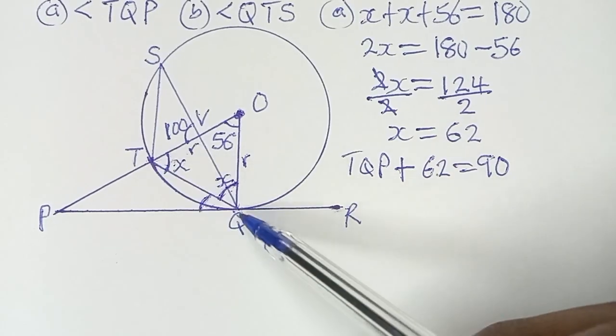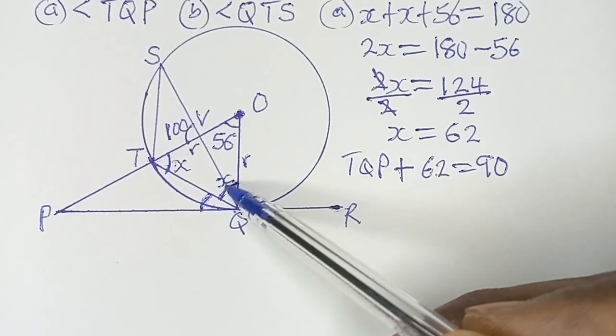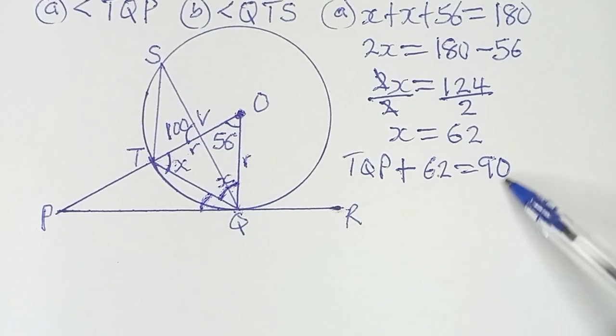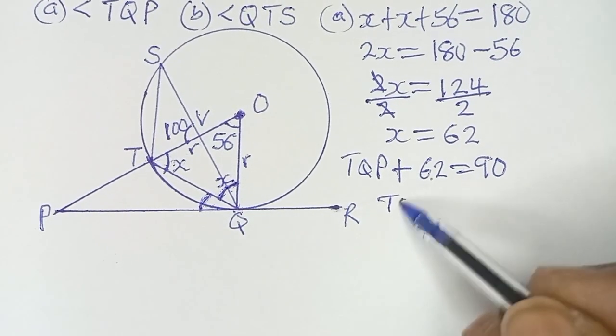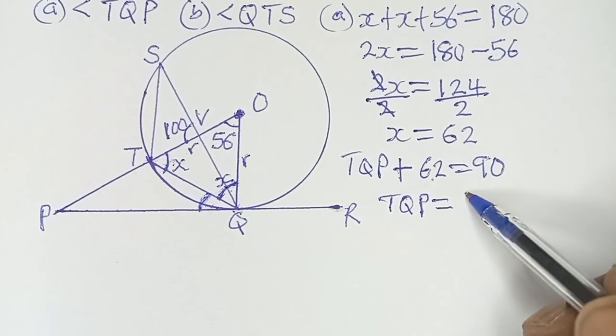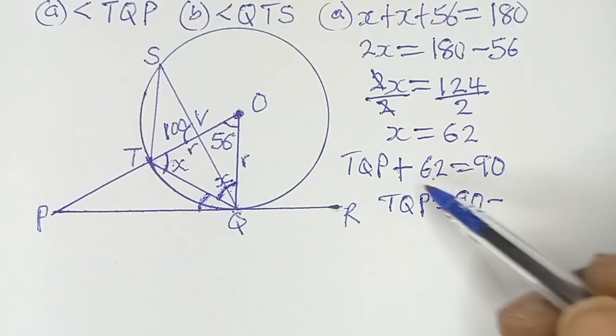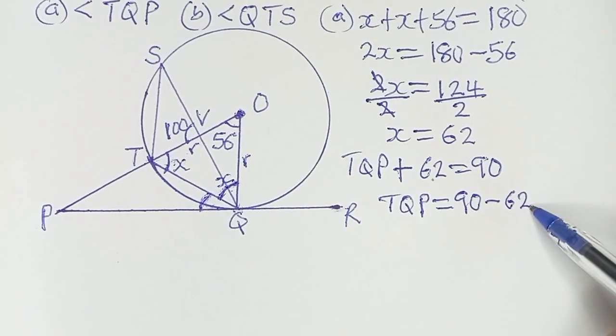So TQP, which is this angle, added to the x that we have here, all together should be equal to 90 degrees. So from there, I can simply write that TQP is equal to 90 minus 62, because this positive 62, when it comes to this side, becomes negative 62.